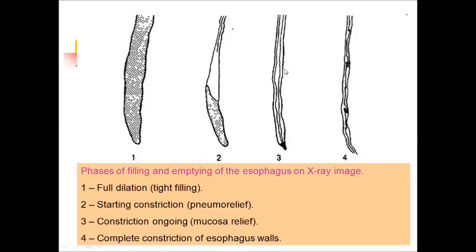Then constriction goes on and occupies not only the upper but lower parts of the esophagus, and in this phase we may evaluate mucosal relief, 2, 3, 4 longitudinal mucosal folds of the esophagus, and complete constriction of the esophagus walls, with small rests of barium sulfate, and the rest of the swallowed barium is already in the stomach cavity.